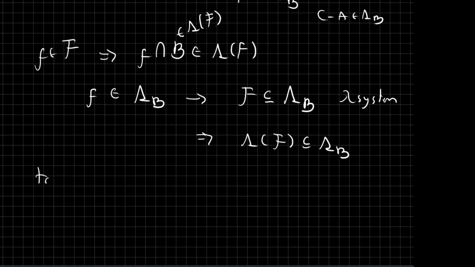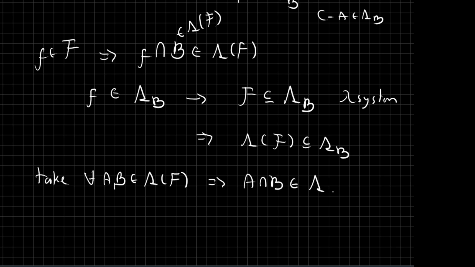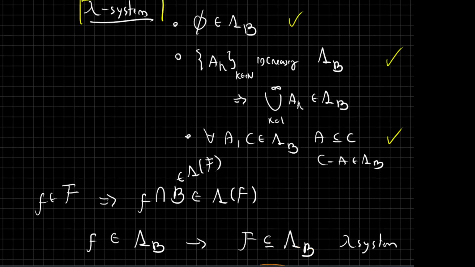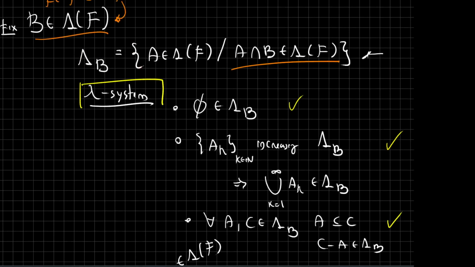So now take an arbitrary element of this generated, or an arbitrary couple of elements, and it will happen that the intersection of A and B will be inside this generated, because A will be inside this thing here by this part, because A is an element of this. Then by definition of this set, this happens.